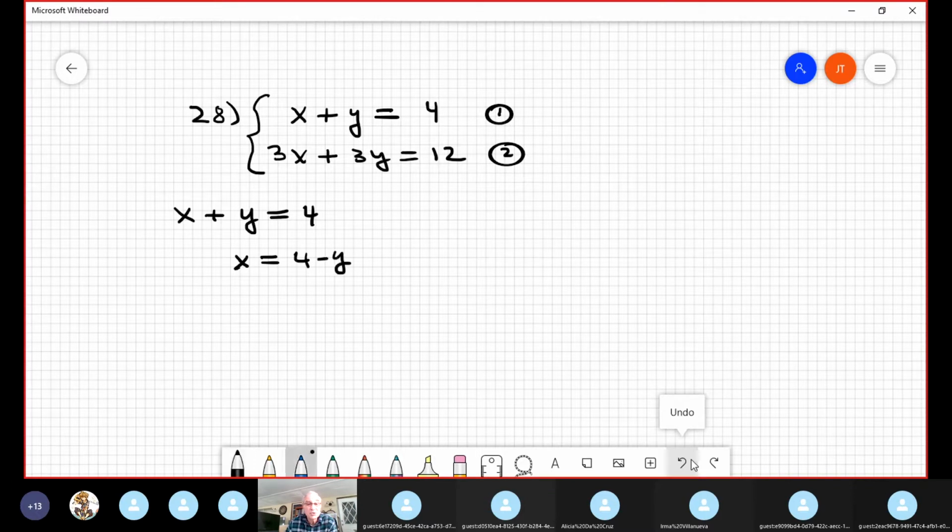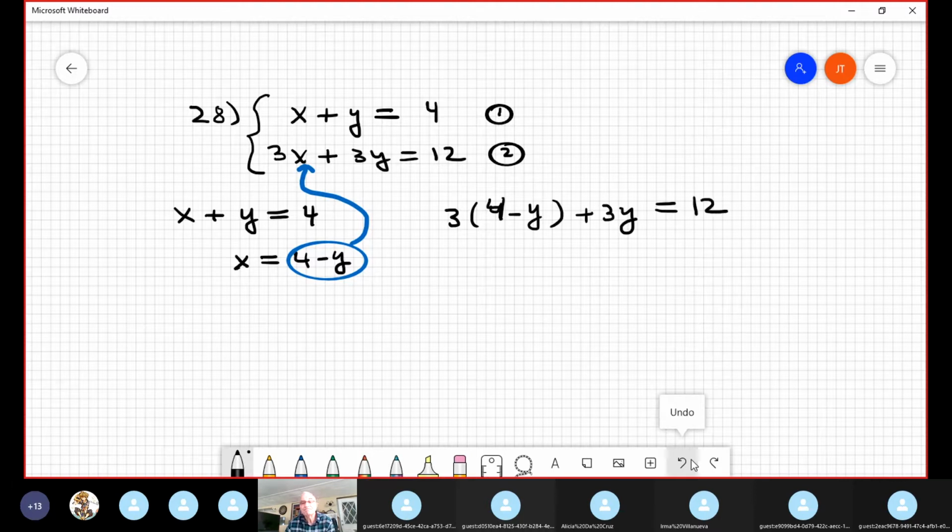And substitute this expression in the other equation, not the same one. So 3 times 4 minus y, plus 3y, equals 12. One more time, you apply the distributive property. 12 minus 3y plus 3y equals 12.